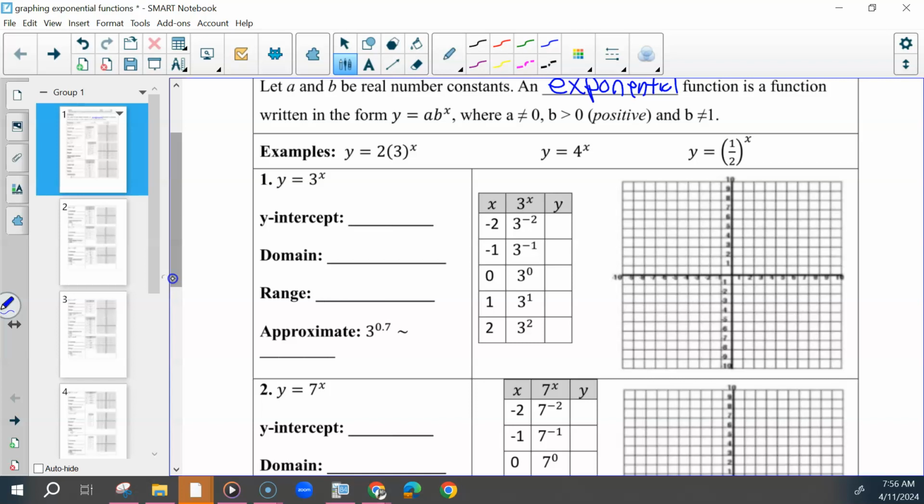It will be positive, but not 9. It's not going to be 1. So our negative exponent rules, we take the base, we flip it, we make the exponent positive. So that would make this 1 over 3 squared, which would be 1 over 9. So then what would 3 to the negative first be?